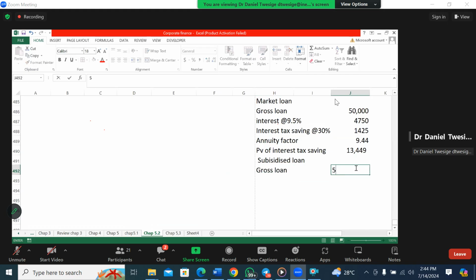Yes. Interest at 6%. We are getting this times 6%. Then tax saving at 30%. I have this times 30%.